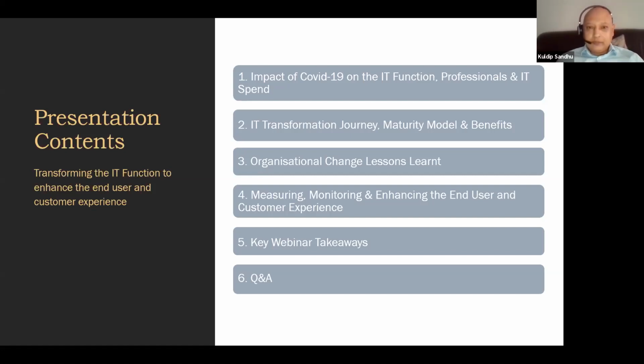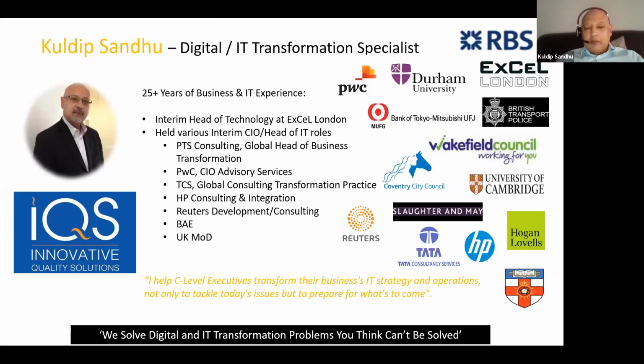So here we go. So this is me. I'm Kuldip Sandhu. I'm the Managing Director of Innovative Quality Solutions, and we're a digital agency that sits at the intersection between business and IT. And what we do is we help organizations transform their IT function to ensure that they can get aligned to the business agenda, which typically nowadays is all about digital transformation.